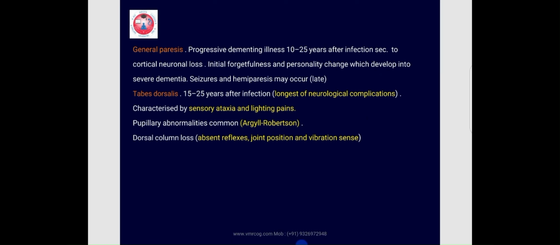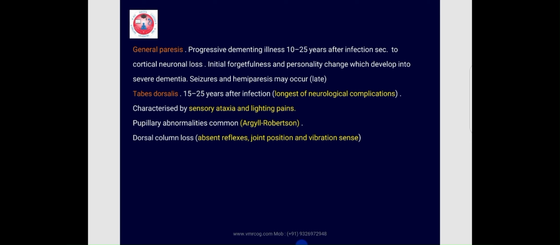Second is general paresis. General paresis of the insane, it is also called, the pathology here is cortical neuronal loss. Generally a progressive dementing illness 10 to 25 years after the infection, secondary to the cortical neuronal loss. The two important things we should remember about general paresis are memory loss and personality change, leading to a dementia-like picture.